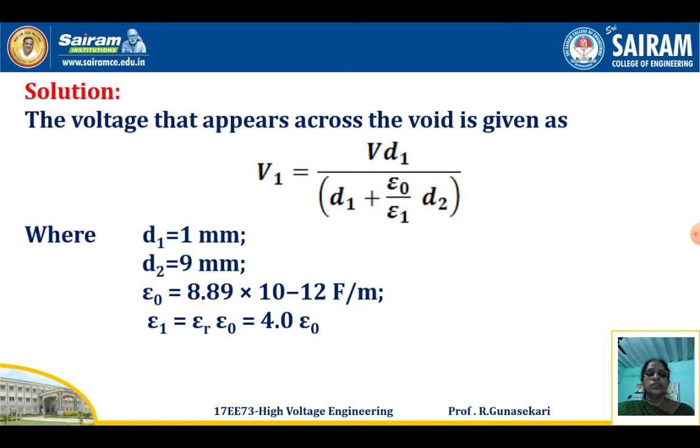Epsilon naught is the standard constant value, 8.85 × 10^-12 farad per meter, but ε1 = εr ε0. Epsilon r is the relative permittivity and epsilon naught is the absolute permittivity. Epsilon r is four, so that's why epsilon naught.